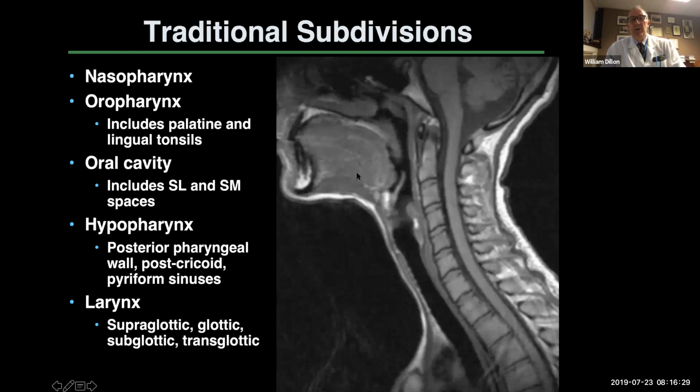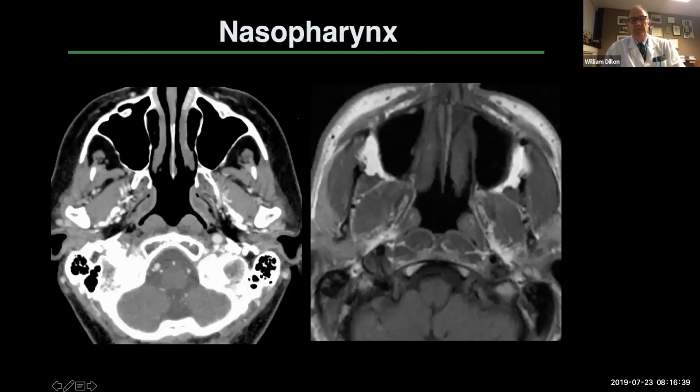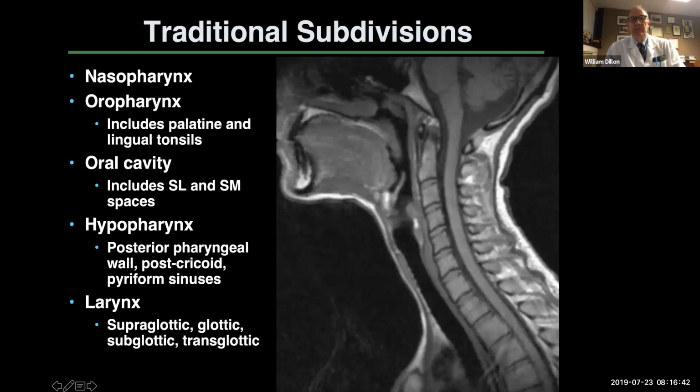Now, when we're talking about the oral cavity and the hypopharynx and larynx, we want to remember the traditional subdivisions. We've been talking about spaces, but the nasopharynx is everything above the level of the palate into this area. The oropharynx is the palate down to the level of the epiglottis.